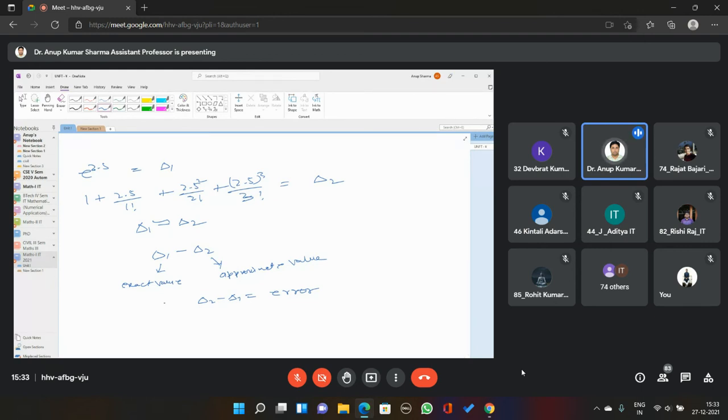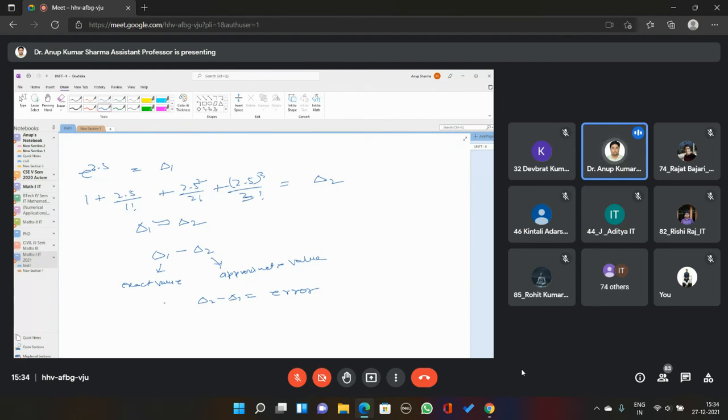So here we are going to learn about Taylor's theorem, or Taylor's expansion, with Lagrange's form of remainder. Lagrange's form approximates the error by one given term.